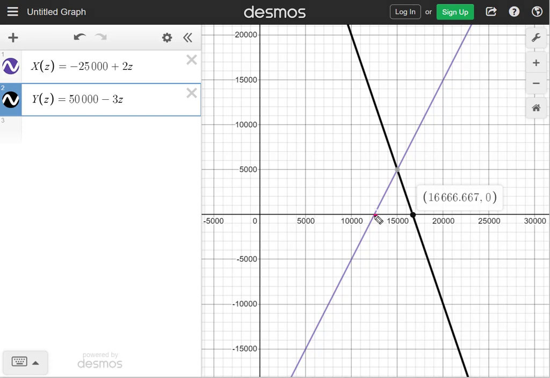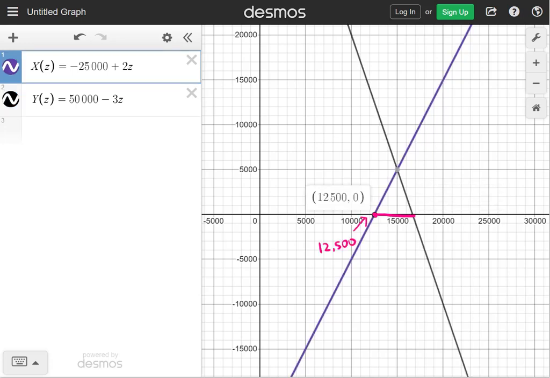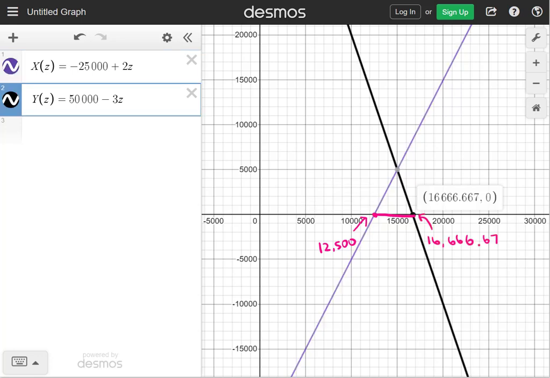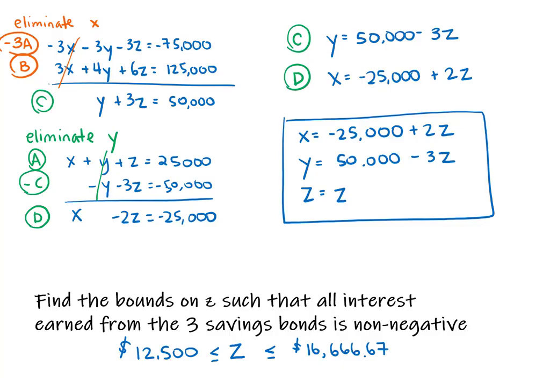So my z values can be literally just between these two values, and if my z is greater than 12,500 and less than 16,666 and 67 cents, then all my values will be positive. So as long as she invests $12,500 up to $16,666.67 into the Z account, then the other two numbers will also be positive values that she invests.